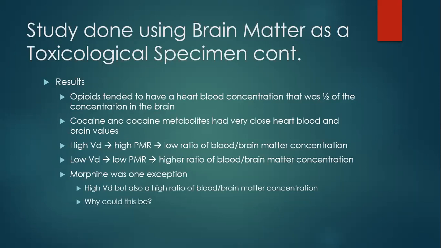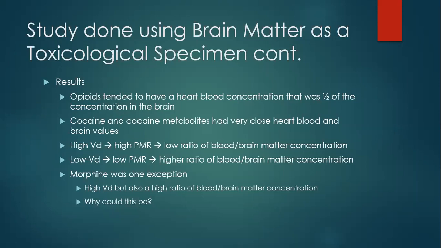And then we can remember from lecture that volume of distribution is defined as the theoretical volume of body fluids in which the amount of drug in the body is distributed at a concentration that is equal to that of plasma. We can also recall that postmortem redistribution, or PMR, is the passive drug release from drug reservoirs. This can include anything from the GI tract, liver, lungs, myocardium, and this occurs directly after death.